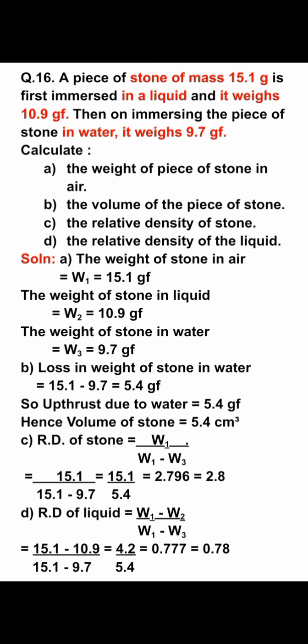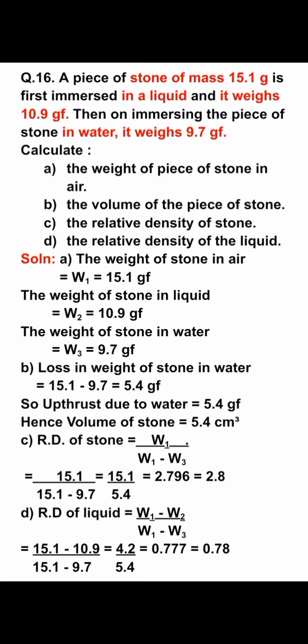So the first part of the question, the weight of the piece of stone in air, is 15.1 gf. Since the stone has a mass of 15.1 gram as per the question, we can take the weight of stone as 15.1 gf.